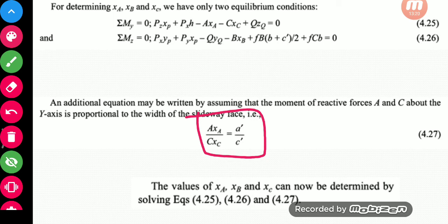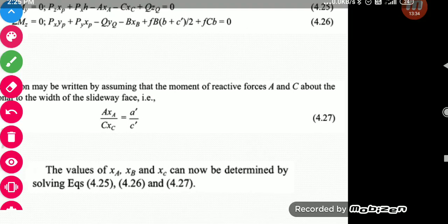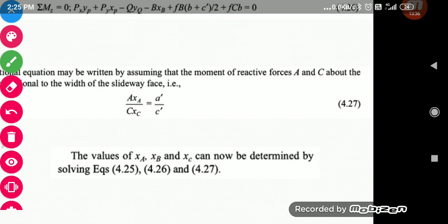This is the third equation that they are giving us. And this also seems pretty okay. A times Xa and C times Xc can be attributed to the widths and the reactions.